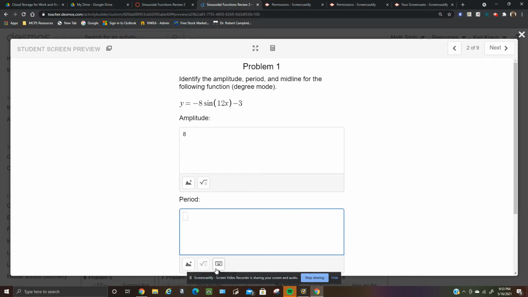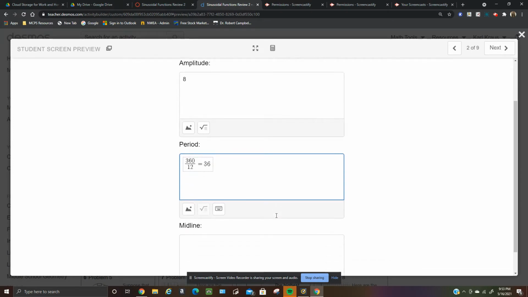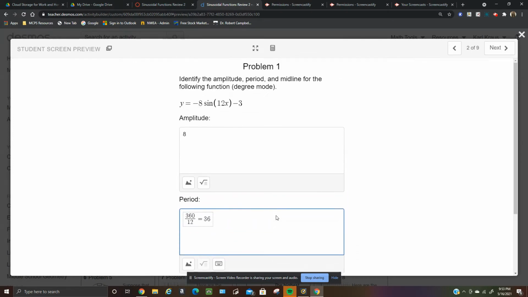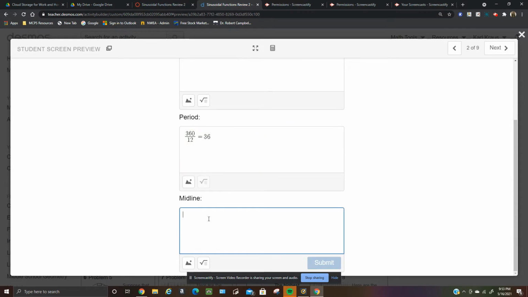over 10, so 360 over 12 is 36. And then the midline would be y equal negative 3.